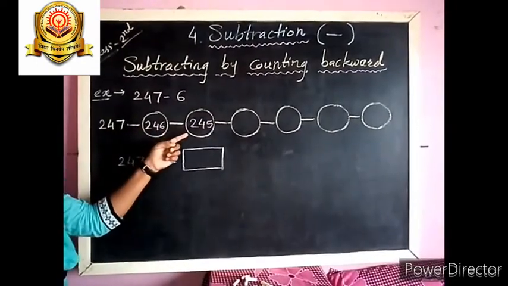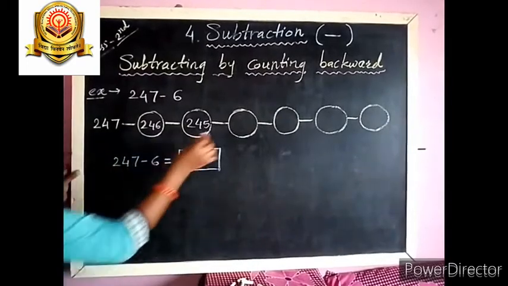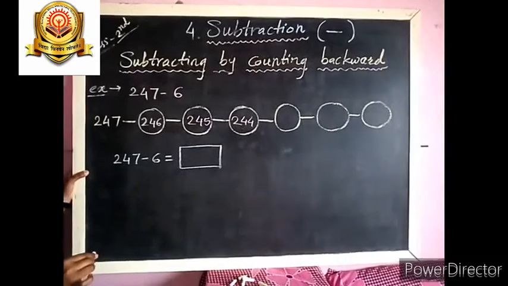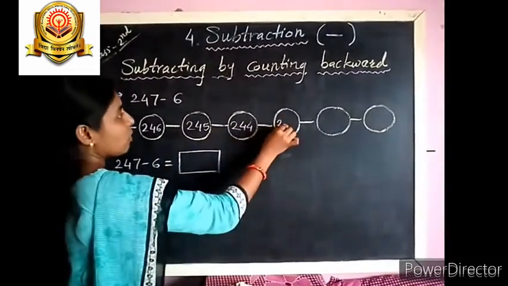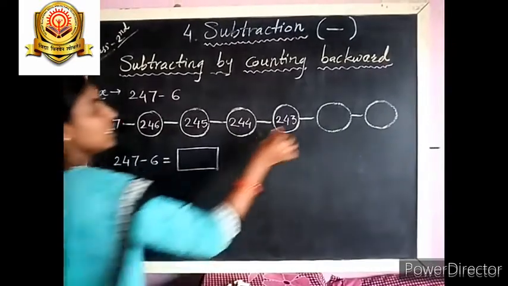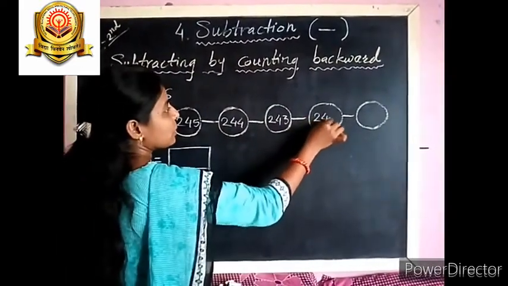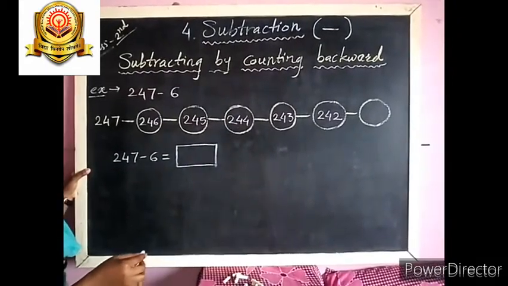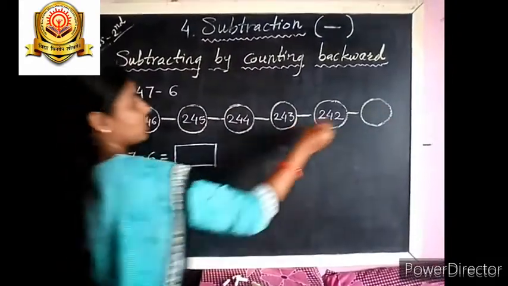Before 245, which number will become? 244. Before 244, 243. Before 243, 242. And before 242, which number will become? 241.